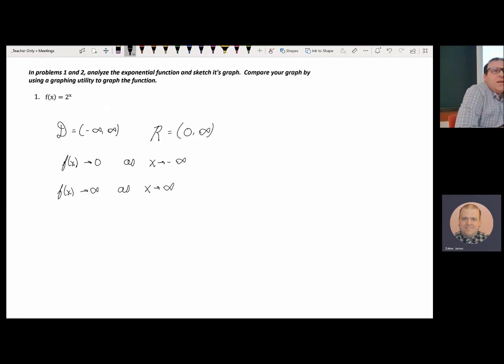And f of x increases without bound as x increases without bound. And of course, we know that f of 0 is equal to 1.